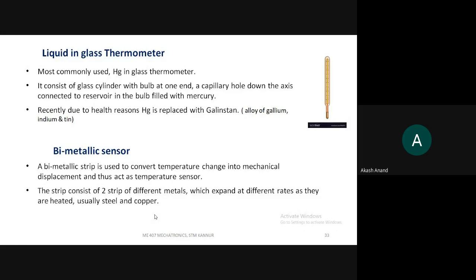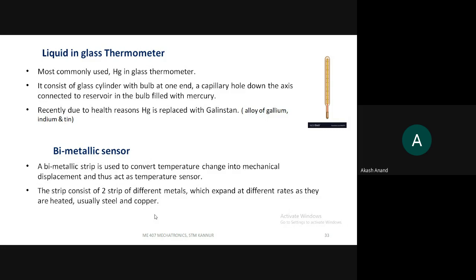The most commonly used temperature sensor is this type, the liquid in glass thermometer. Mercury in glass thermometers are among the liquid in glass thermometers, and they are widely used.